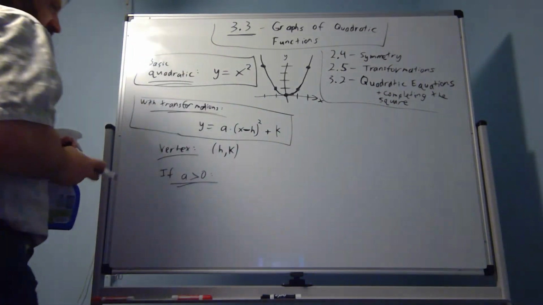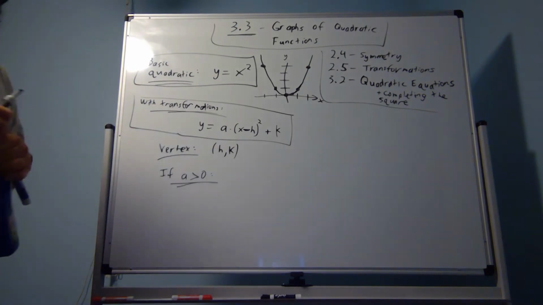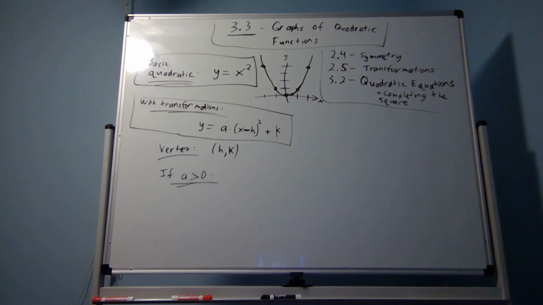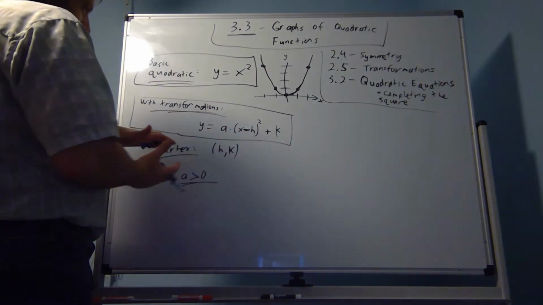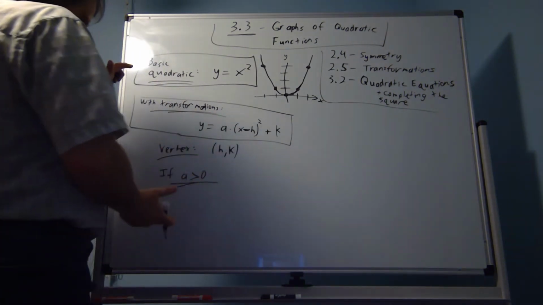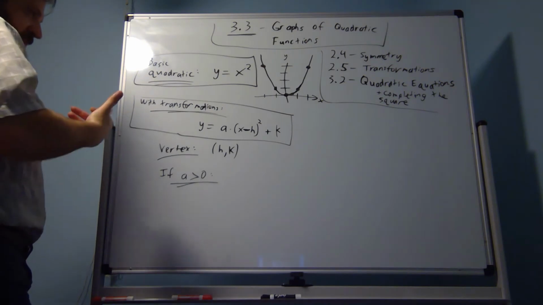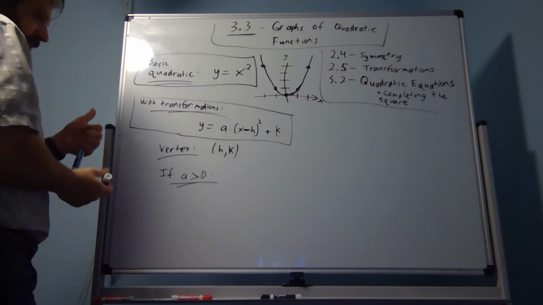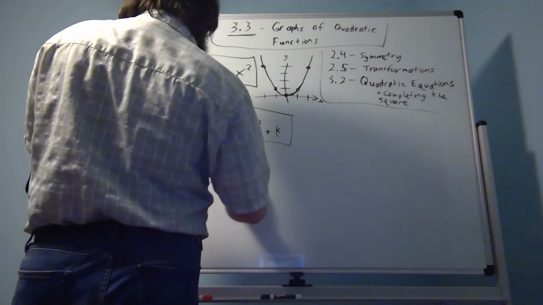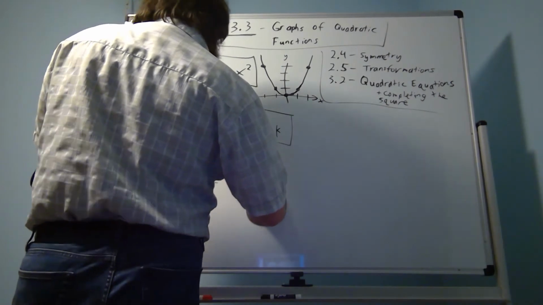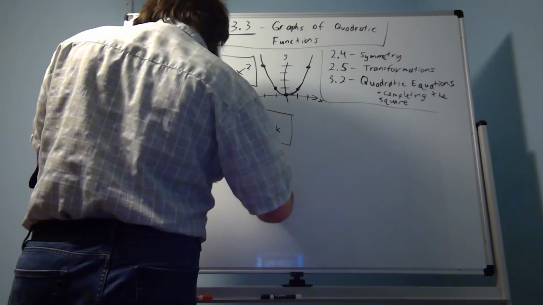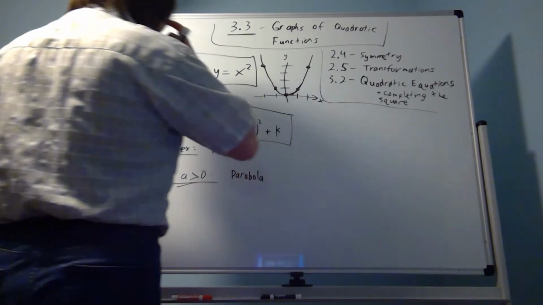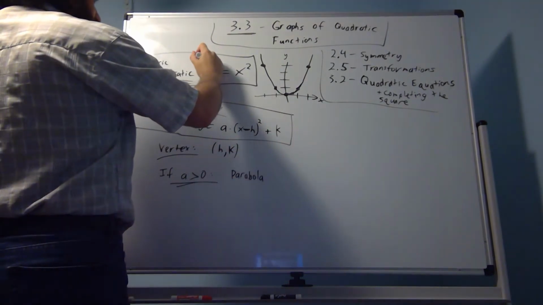So remember what we said about transformations previously. If a is positive, then you stretch it if a is bigger than 1, and multiplying by a half or a third would shrink it, but it's still going in the same direction. So the shape is called a parabola.